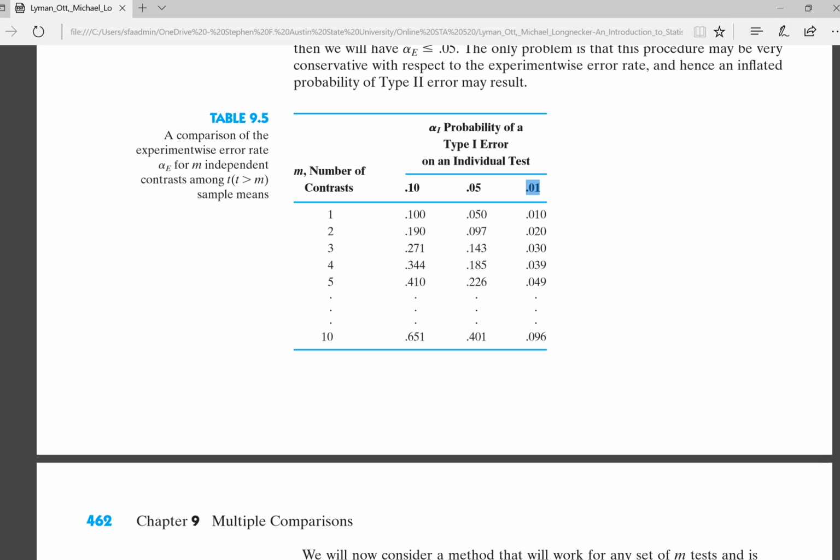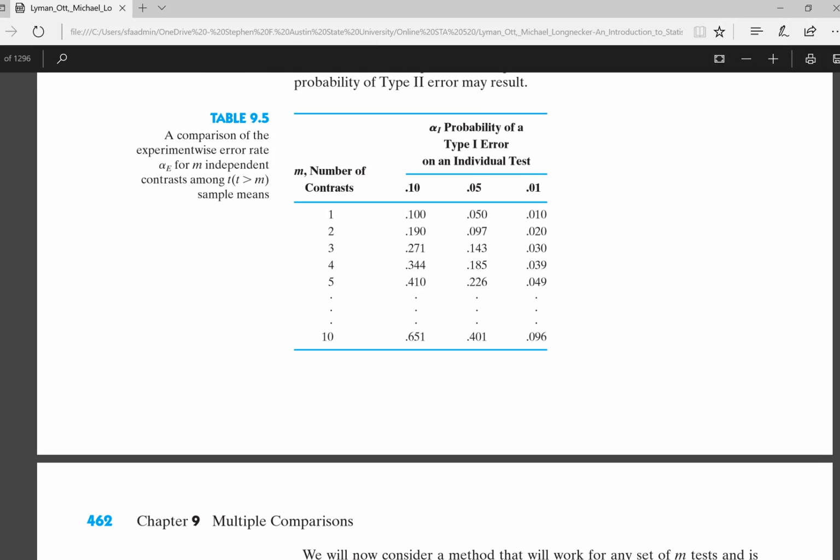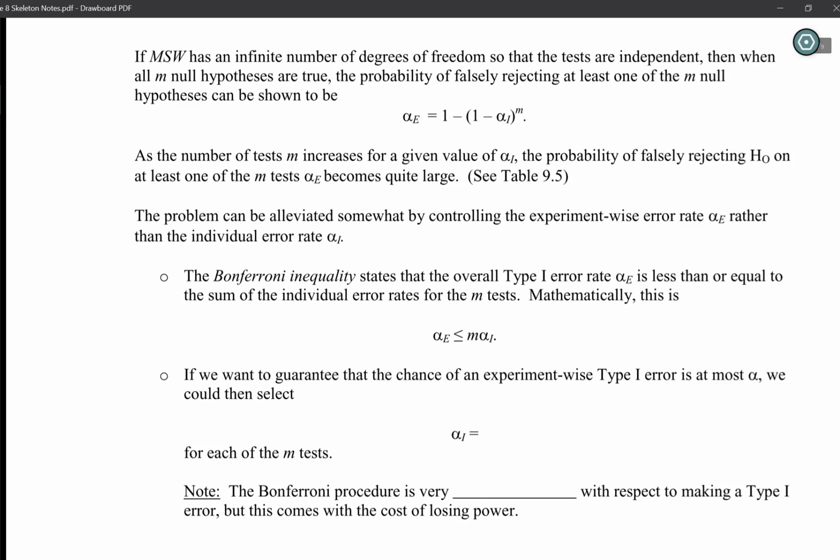So this table gives you some insight into the fact that as m increases, alpha E is going to increase. And so we want a way to mitigate that. We want to control the experiment-wise error rate and not just the individual error rate.